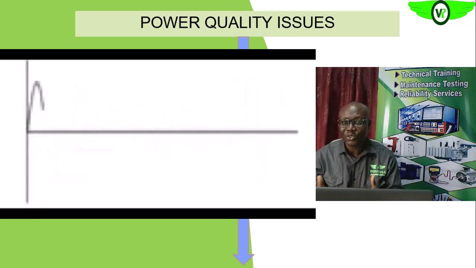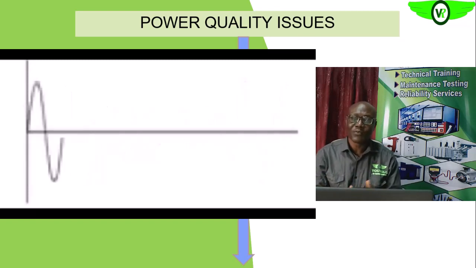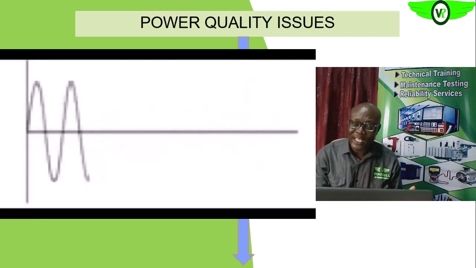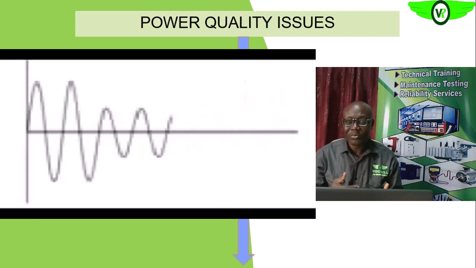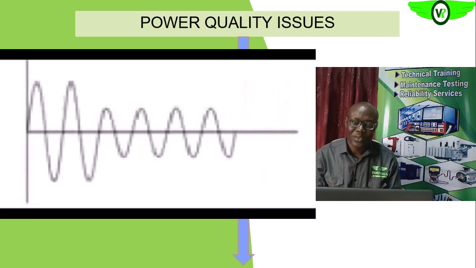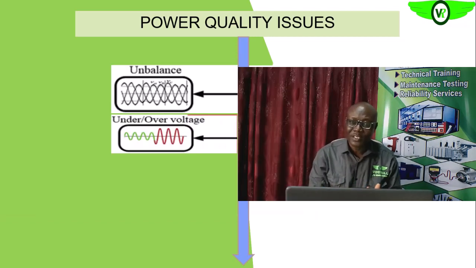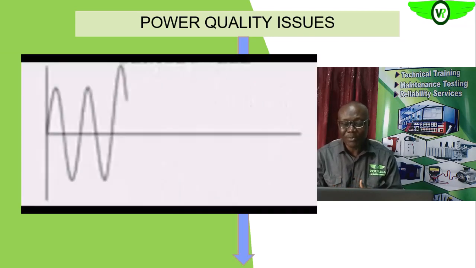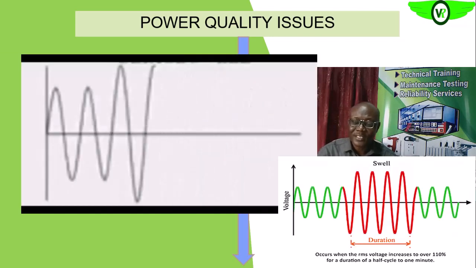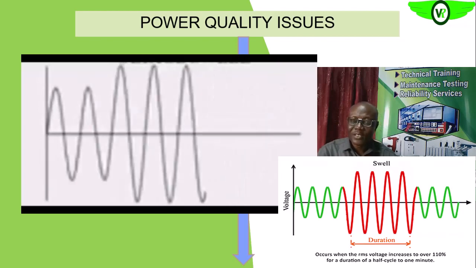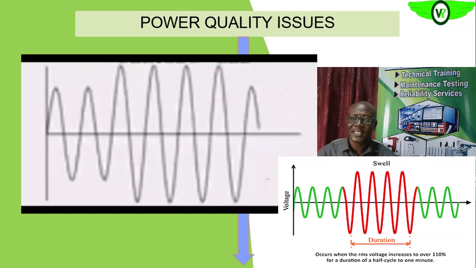It has a very short duration, from 0.5, that is half a cycle of the voltage signal, to about 1 minute. Then swell too, like over voltage, is 110% and above of the standard voltage in our system. Are we getting it? But this time, it's for a lesser time.